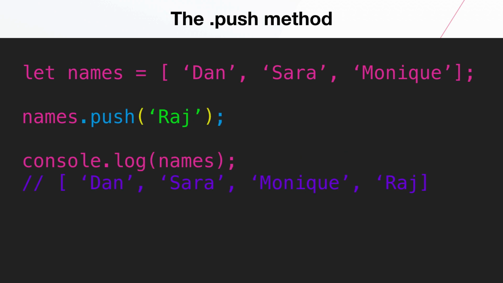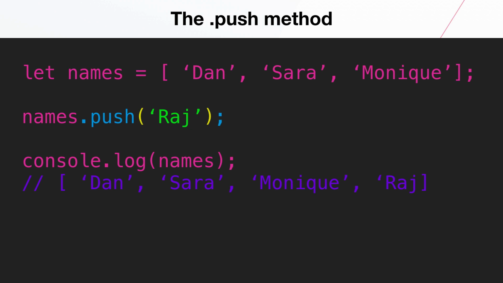The first method we're going to learn is the push method. In that first example up there, you'll see let names equal Dan, Sarah, Monique. Say these are our friends. And we're like, oh, I just met this really great guy, Raj. We hit it off and want to hang out with him sometime. I want to add him to my list of friends, and we can do that by using the push method.